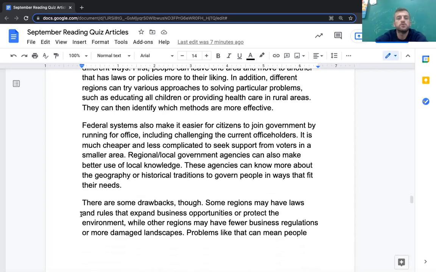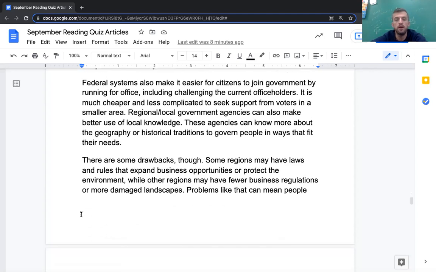Federal systems also make it easier for citizens to join government by running for office, including challenging the current officeholders. It is much cheaper and less complicated to seek support from voters in a smaller area. Regional or local government agencies can also make better use of local knowledge. These agencies can know more about the geography or historical traditions to govern people in ways that fit their needs.